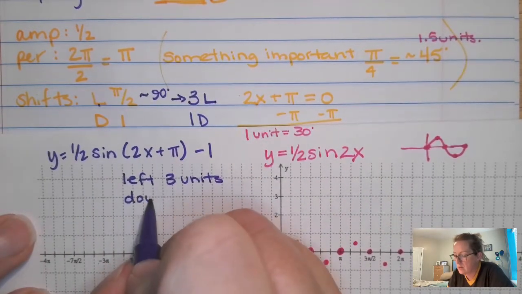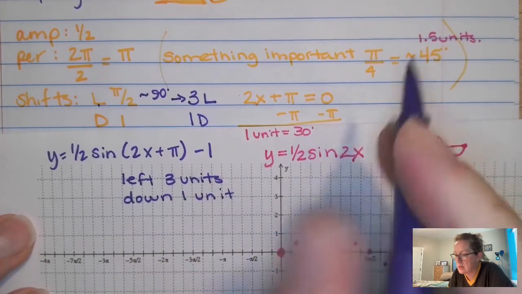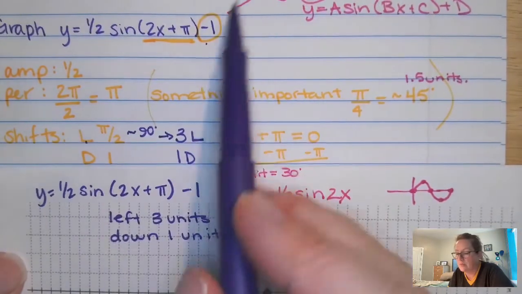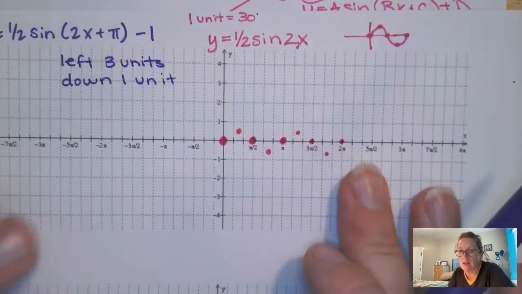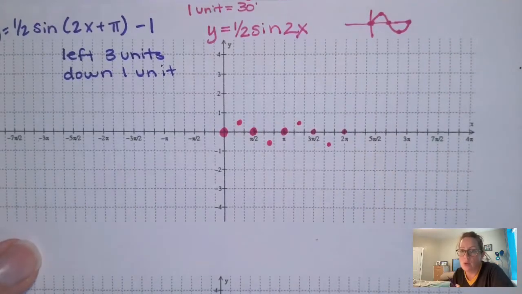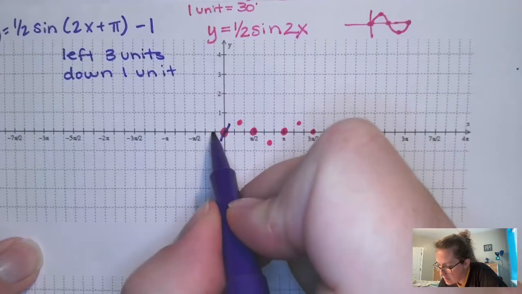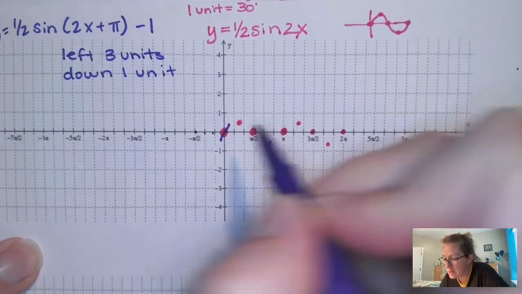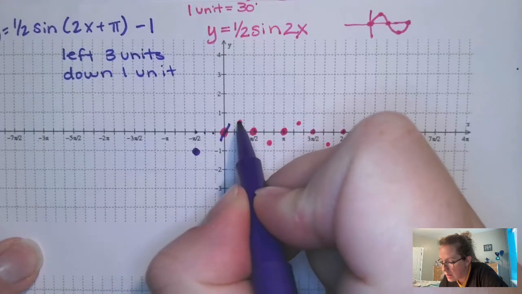And we're going to go down 1 unit because that is equivalent to our d, our vertical shift. Before you move a point, let's cross it off. So we're going to go left 3 units: 1, 2, 3. So we went left 90, and we're going to go down 1 unit.